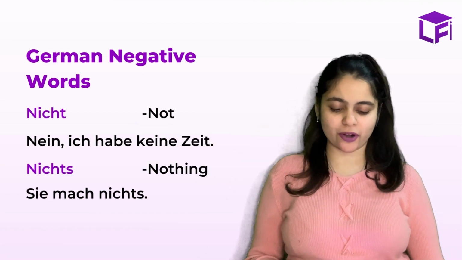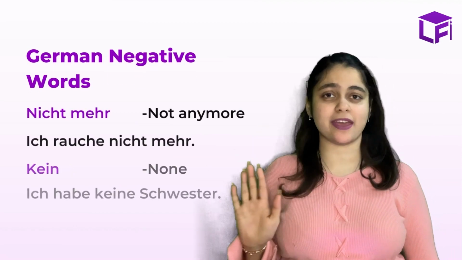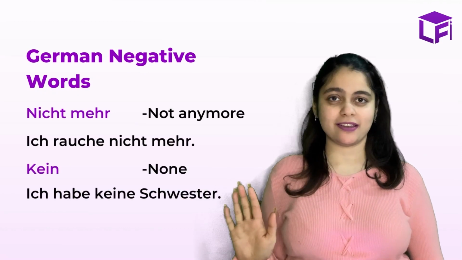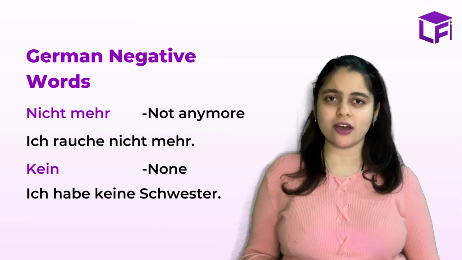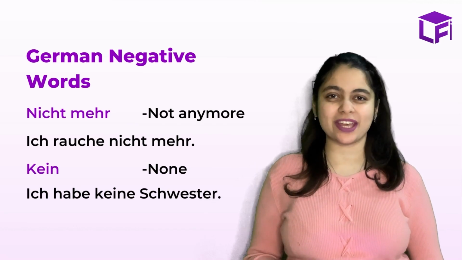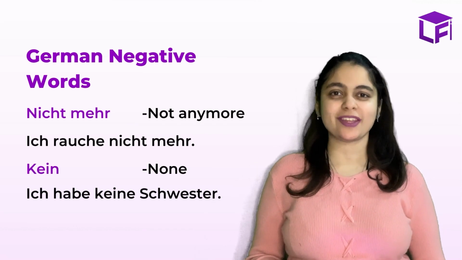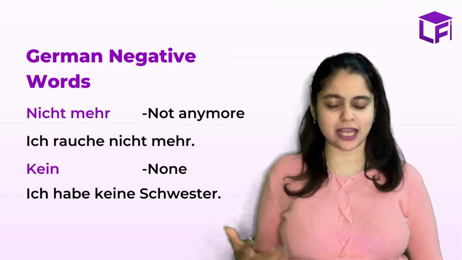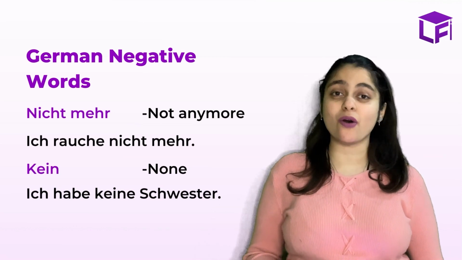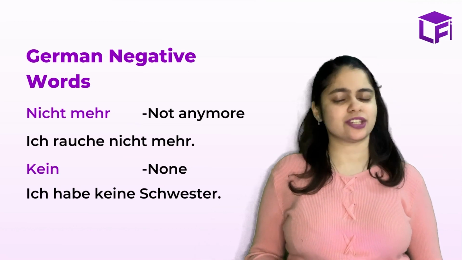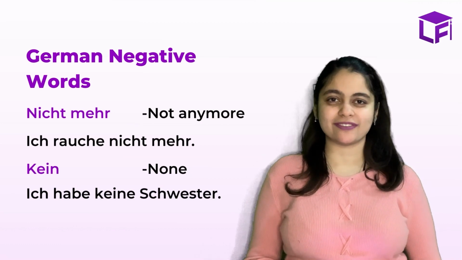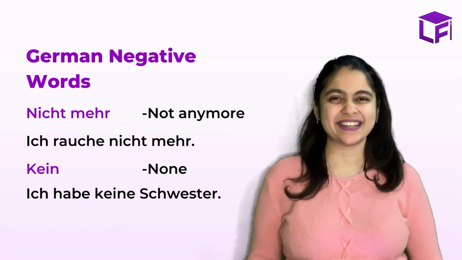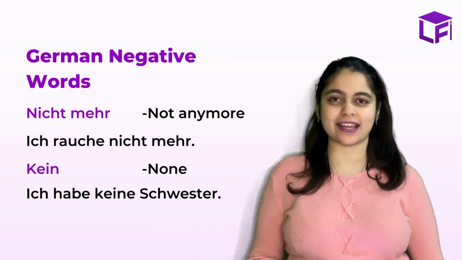The third one for us says nicht mehr. Nicht mehr actually means no longer or no more. The Beispiel for the same is Ich rauche nicht mehr. This means I don't smoke anymore. Good habit indeed.